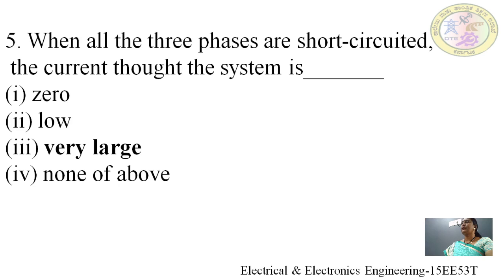Current is zero only when there is an open circuit. Current is low only when there is a single line to ground fault. Here, the answer is very large, because there is a three phase short circuit.